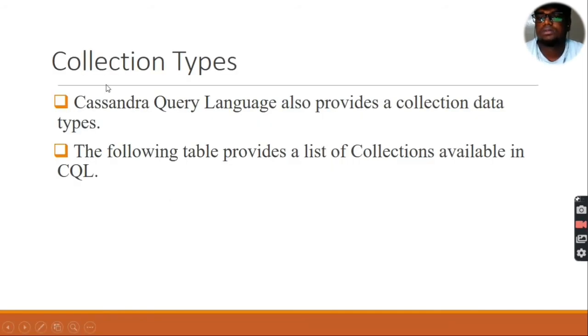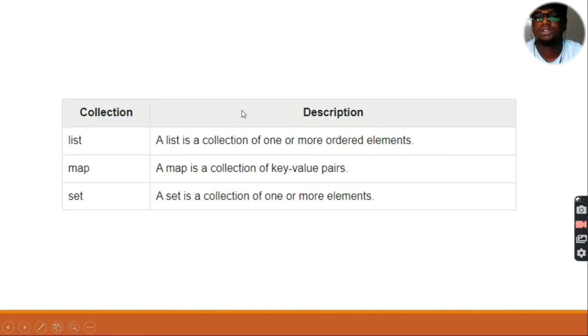Collection types. Cassandra Query Language also provides collection data types. Then we will see the table. So these are the collections. First, list. A list is a collection of one or more ordered elements.